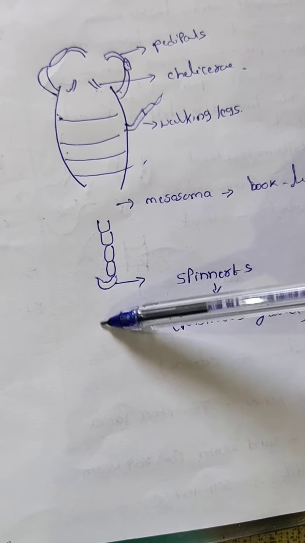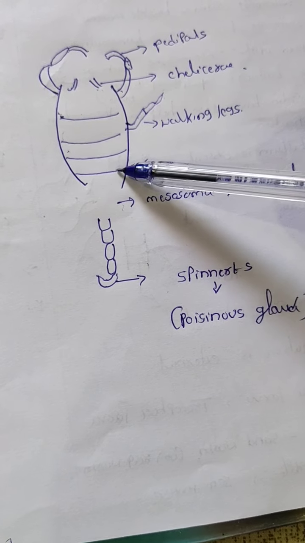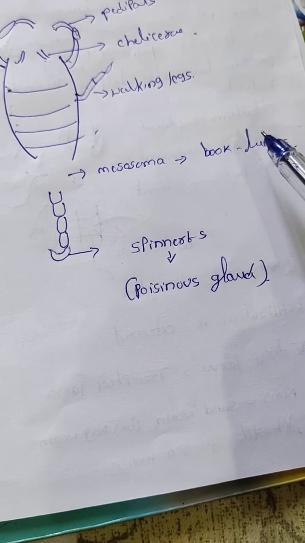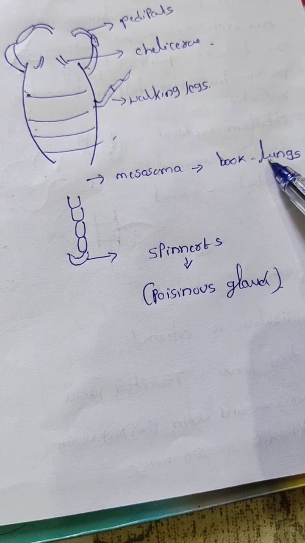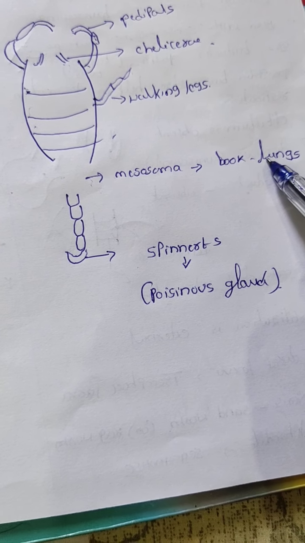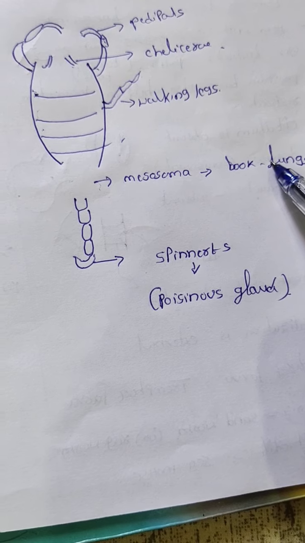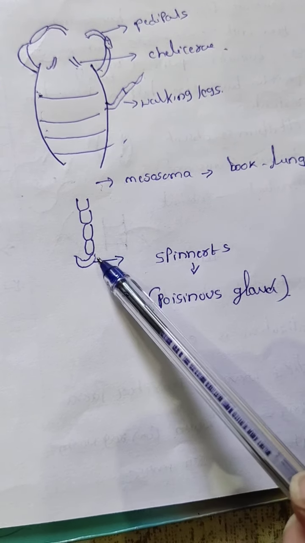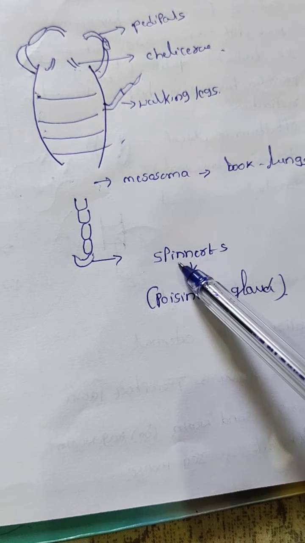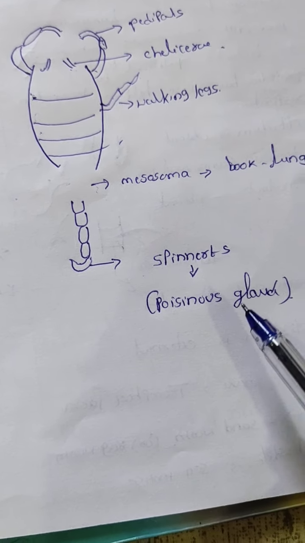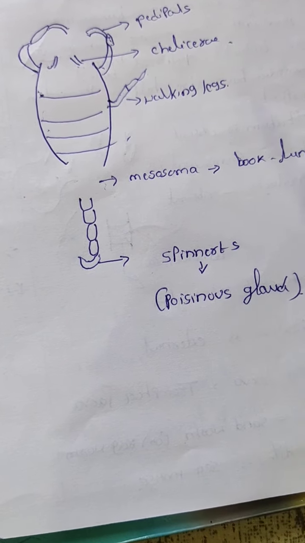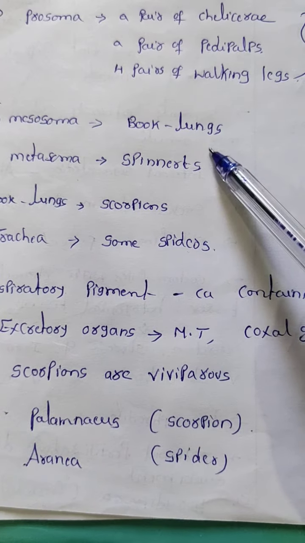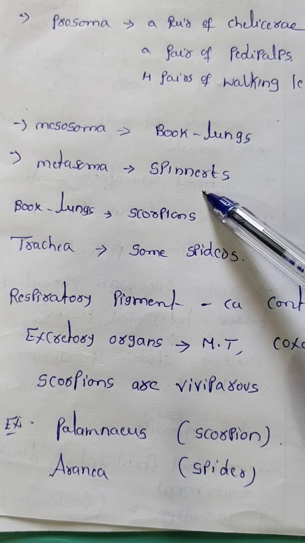Now in opistosoma, the mesosoma has book lungs. In Xiphosaura, book gills are present. And the metasoma has what? Telson. But this metasoma has a spine with poisonous glands present. That's why the mesosoma has book lungs and the metasoma has a sting.